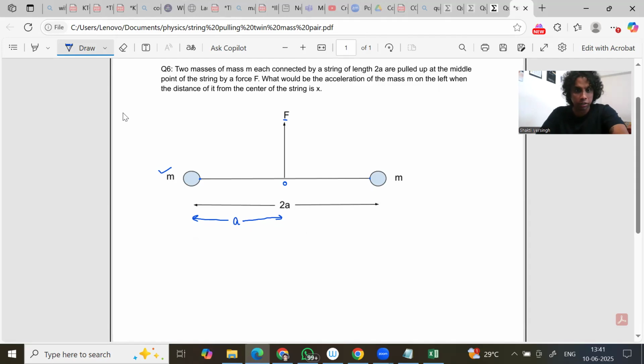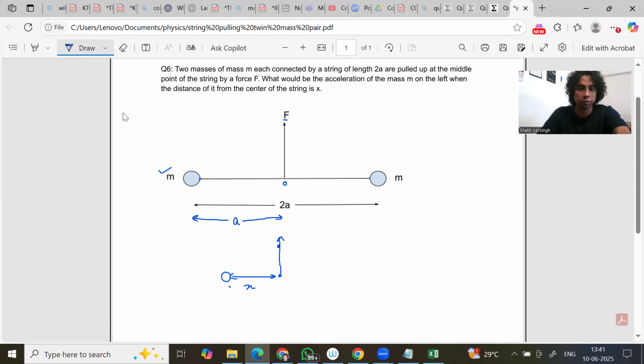The way I'd go about this is, at any point when the mass has moved a bit, let's say it has reached a point where it's at a distance of about x from the center, the force is still pulling upwards like this, and part of the string has moved till here.